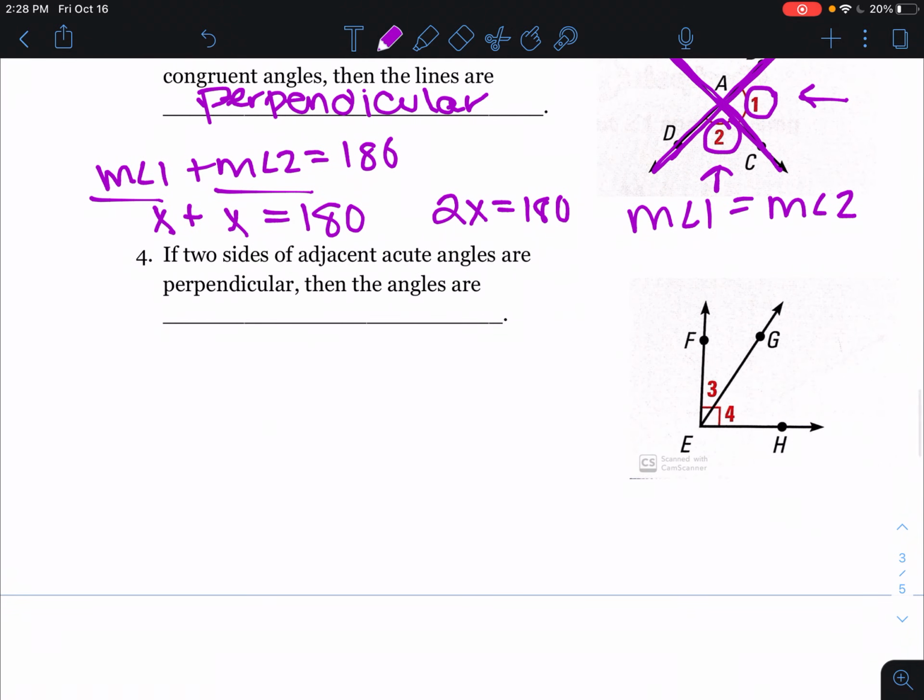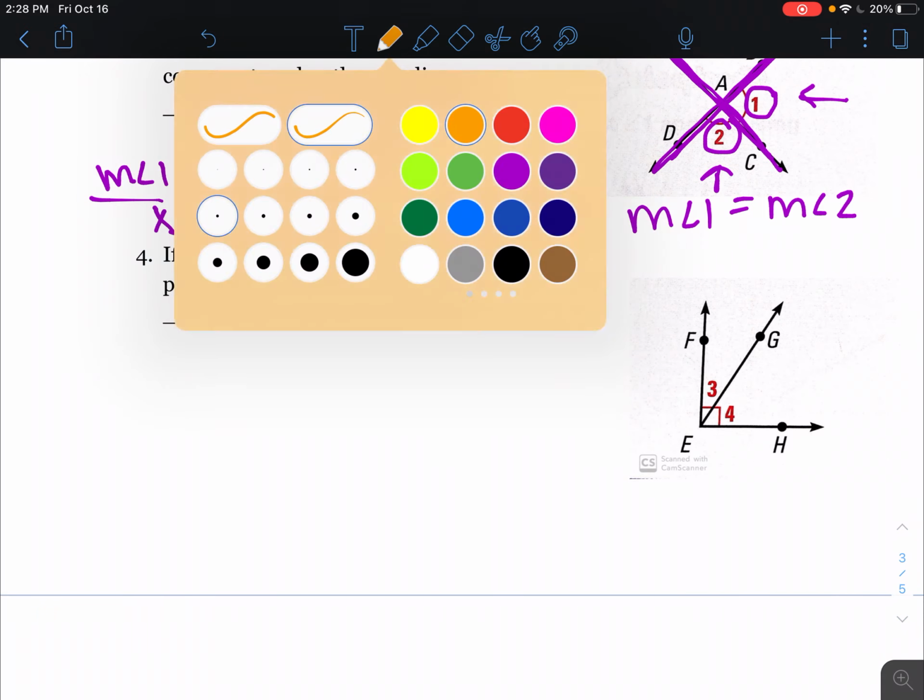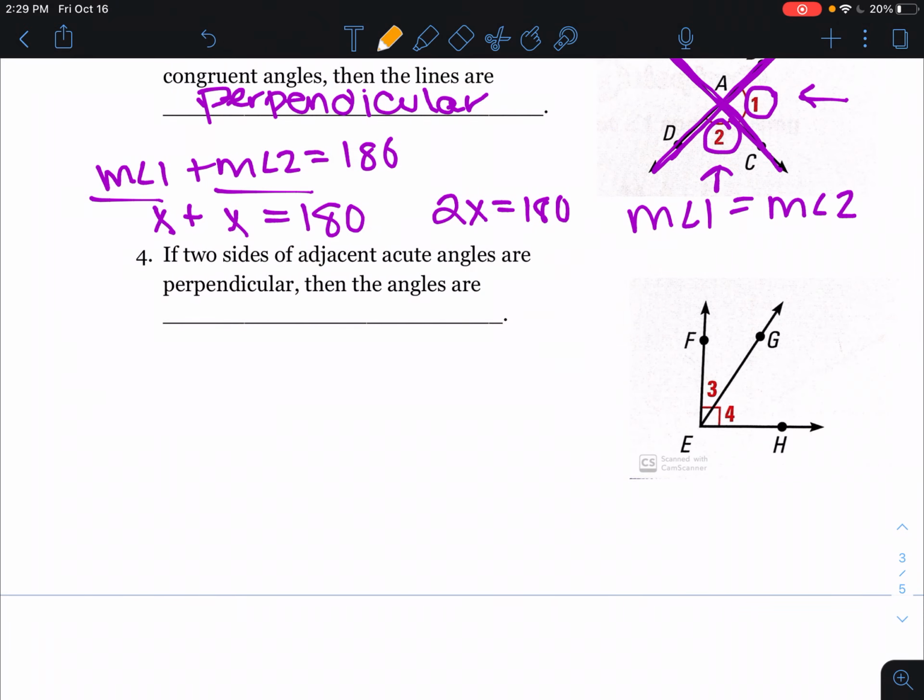All right, finally, if two sides of adjacent acute angles are perpendicular, what does this mean? Two sides of adjacent acute angles. Adjacent angles are angles that are back to back. So we have this angle here, angle 3, and then we have this angle here, angle 4. They're back to back and they're both acute.